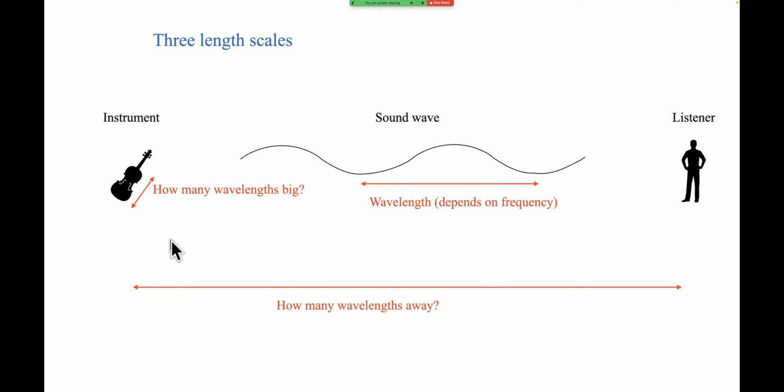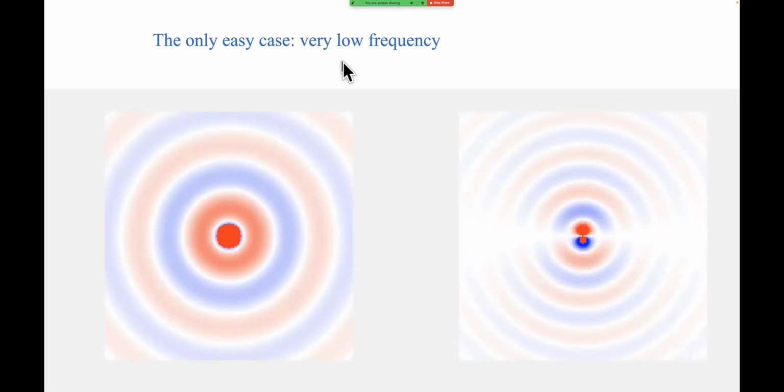So it's less of an issue, although we will see later on that the details of how the sound is radiated get more complicated. But we're going to think about that first case. Very low frequency, very long wavelength. This is a really important issue from the point of view of design of an instrument body or a loudspeaker or anything else.